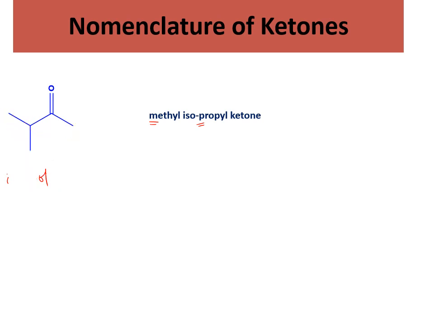While giving the IUPAC name, you number the chain to find the longest chain of carbons containing the functional group. This is the first carbon, second carbon, third carbon, and the fourth carbon. This is the longest chain of carbon, a 4-carbon chain, and it also contains the functional group.